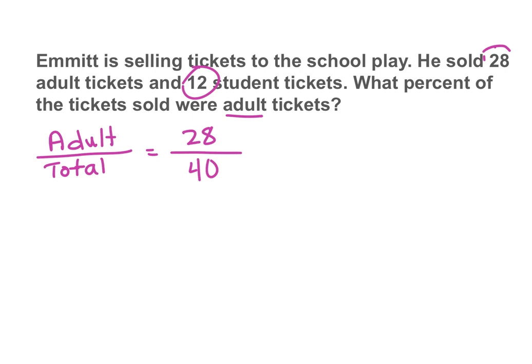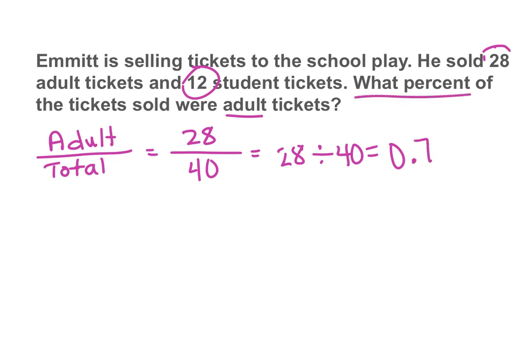40 does not go evenly into 100, and percents are out of 100. But being that we are able to use a calculator, all fractions are division problems. So 28 divided by 40, put that into your calculator. Okay, now that's a decimal.